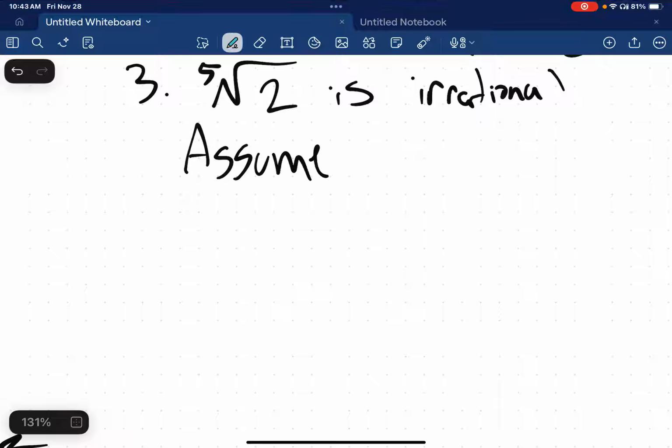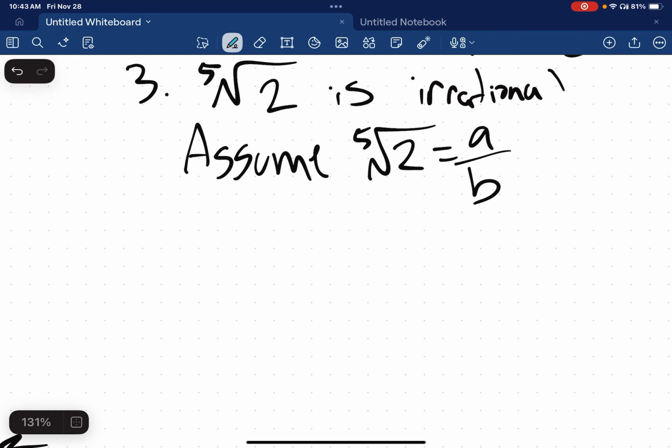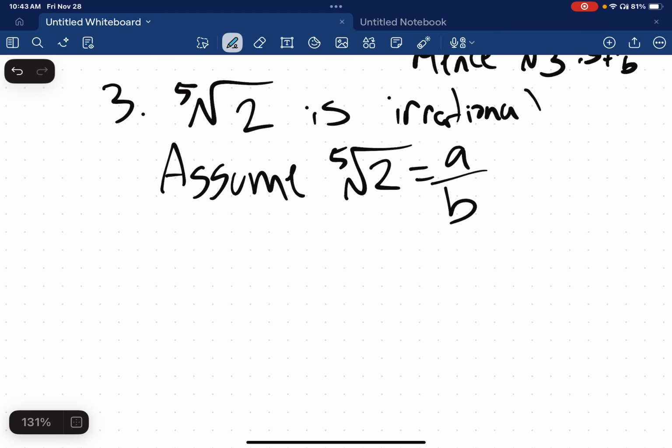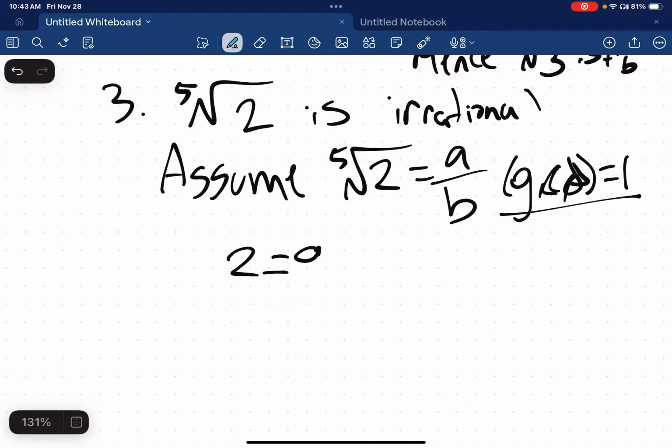So assume the fifth root of 2 is equal to some a divided by b such that the greatest common divisor is equal to 1 here. So we're going to raise both sides to the fifth power to get 2 is equal to a to the fifth over b to the fifth.